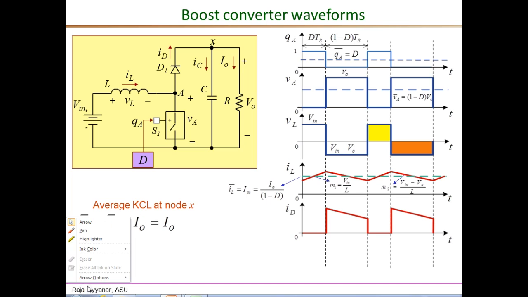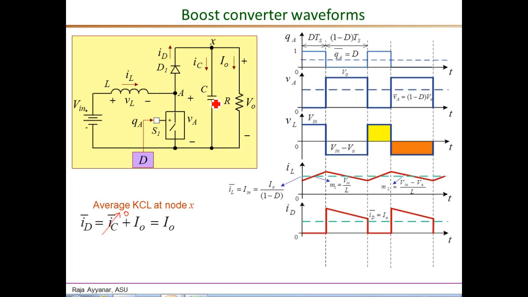In DC steady state, we know that the average capacitor current is 0, therefore IC bar is 0, resulting in ID average being exactly the load current, and that is shown on the plot as this dotted line, which is ID bar, and that is equal to the load current Io.